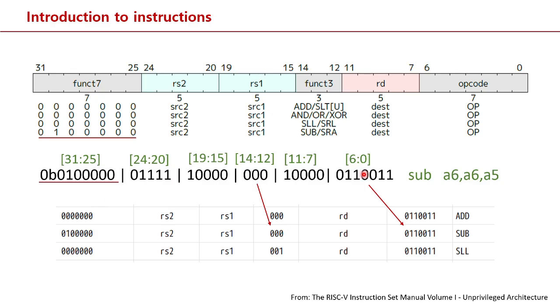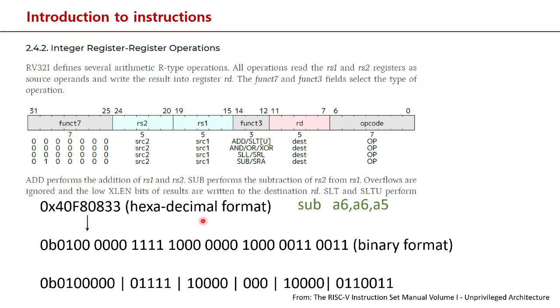Note that this binary value comes from this hexadecimal format. This hexadecimal value can be converted into this binary format. The binary value can be reorganized based on this bit position.